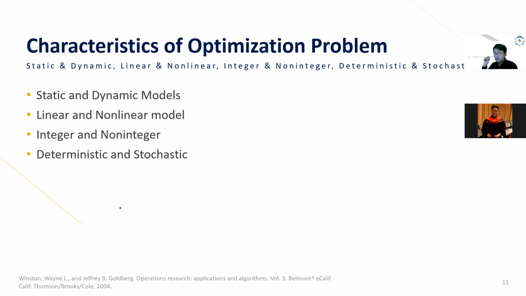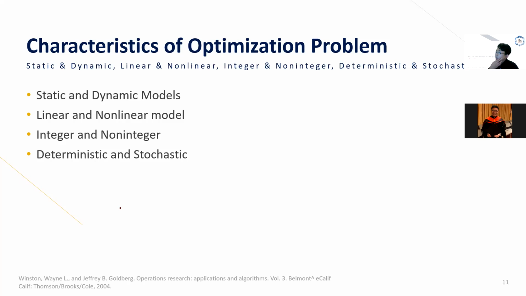When your decision variables consist of integer numbers, whether binary or integers like 1, 2, 3, then you can consider that model an integer model. While for non-integer models, the decision variables may involve real numbers or fractions.